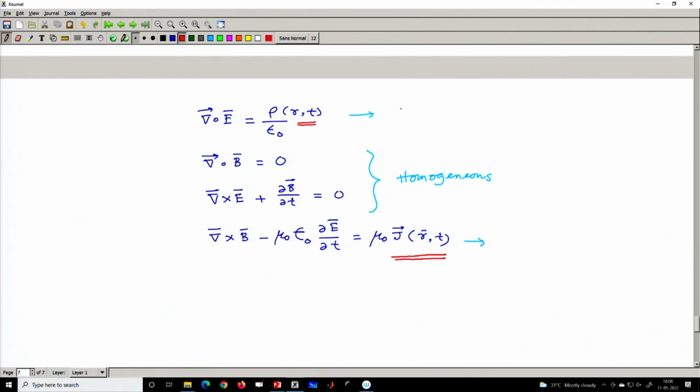So, this is with source term, and this is also with source term.